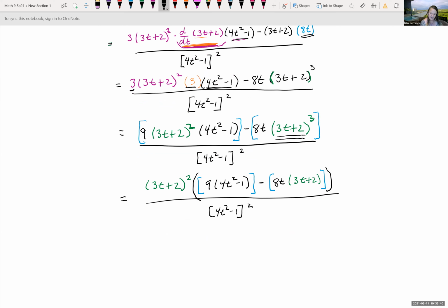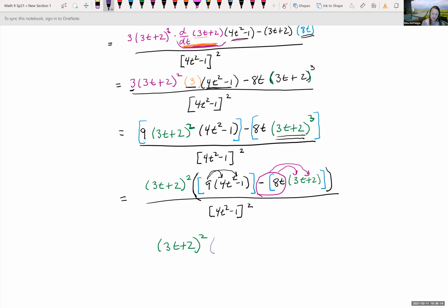So I want to, again, clean this up a little bit. We can distribute. So I notice I can distribute my 9 inside that second parentheses, and I want to carry the sign because I would rather do it now than having to do it twice. Distributing, so let's distribute negative 8t to both terms in here. So we're left with, out front, this 3t plus 2 quantity squared.